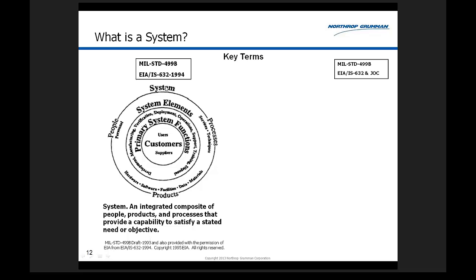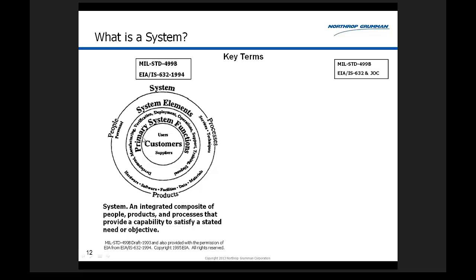Okay, so we look at this diagram and we see the system and we see the 3 P's: people, personnel, processes, services, and techniques. Okay, and products: hardware, software, facilities, data, materials. Those are some examples of those. And then the inner circle, we see the system engineering phases or stages of the life cycle here: development, manufacturing, verification, deployment, operation, support, training, and disposal.